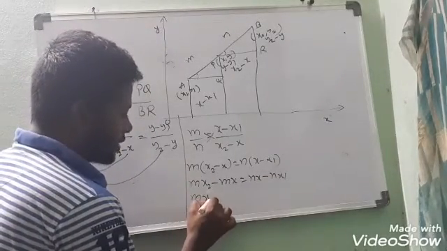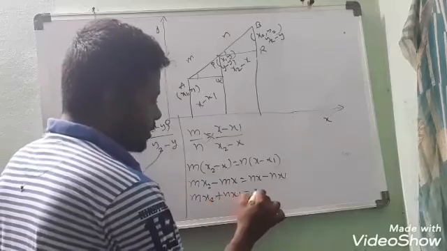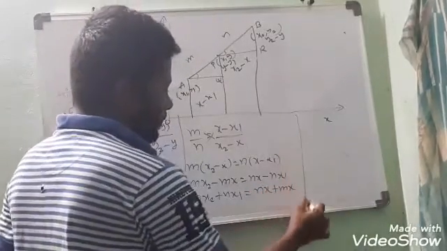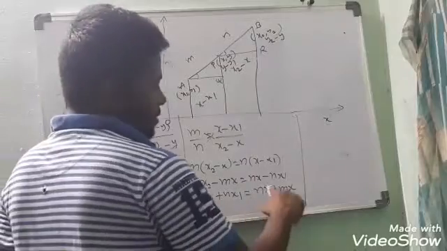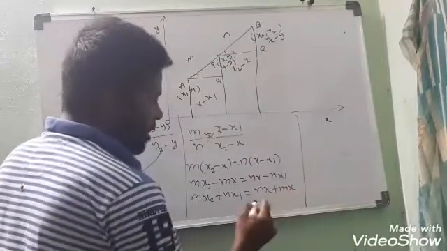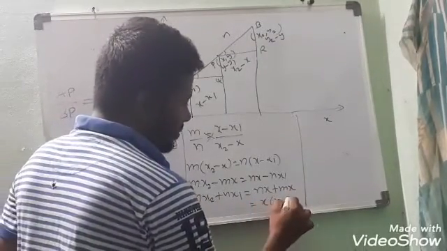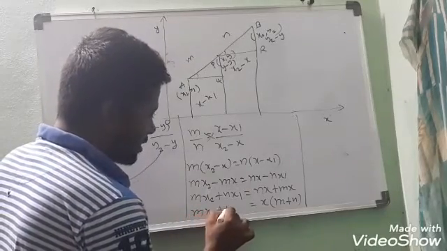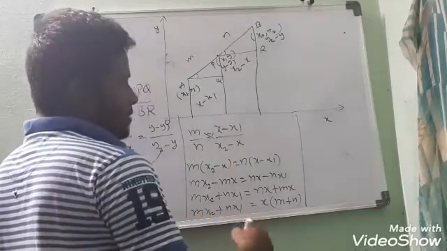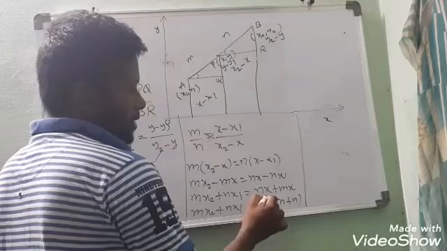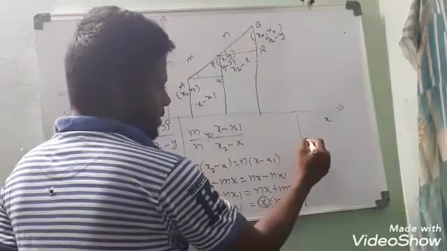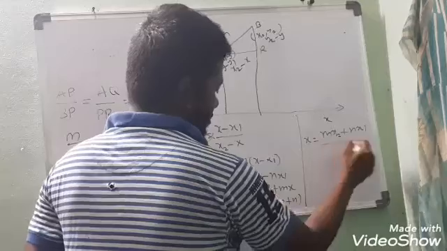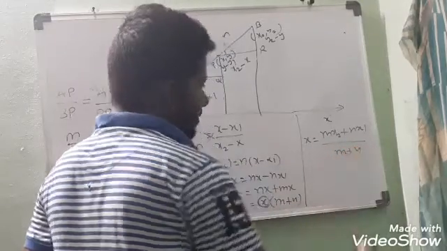So what happens? mx2 plus nx1 is equal to nx plus mx. From here we can take x as common, the remaining value m plus n. So here remaining mx2 and nx1. We need the point x, right? So x equals mx2 plus nx1 by m plus n.